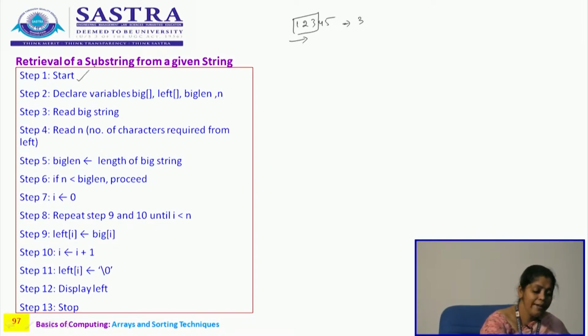So, first you write start, after that you declare variables for holding the original bigger string and the retrieved string. Based on the user's requirement, you can have one more variable, left, where you can store the retrieved string.